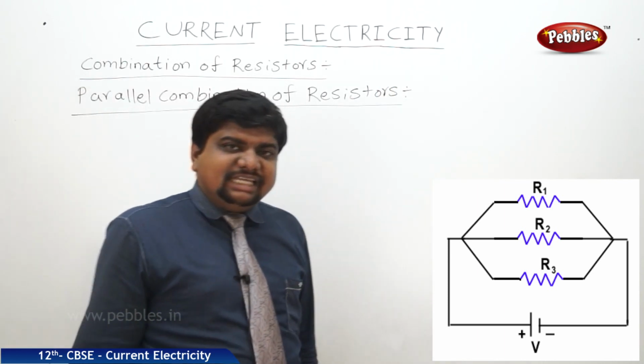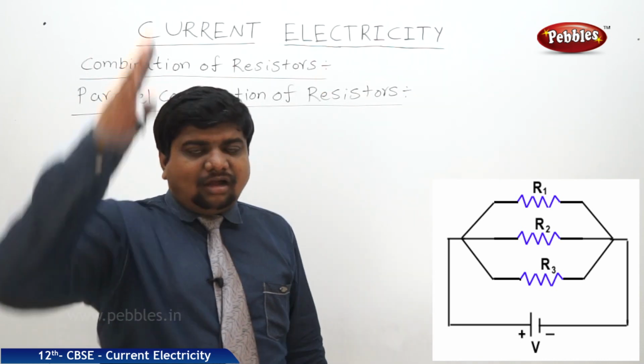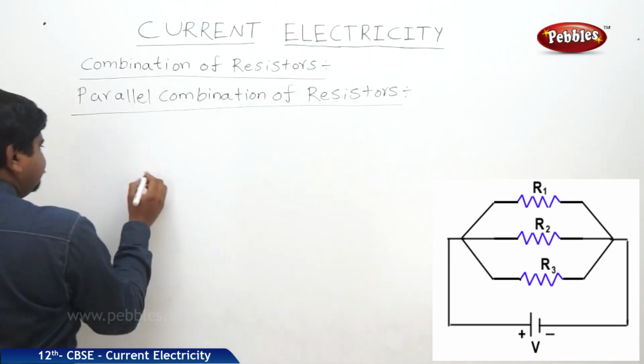Parallel combination means all first terminals are connected to the common potential, and all second terminals of the resistances are connected to the common terminal, like this.